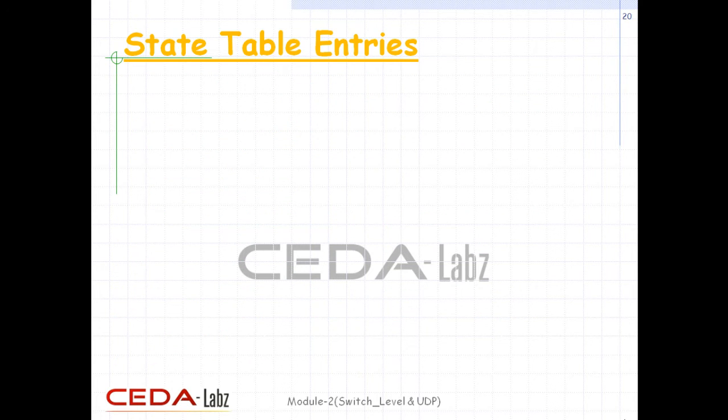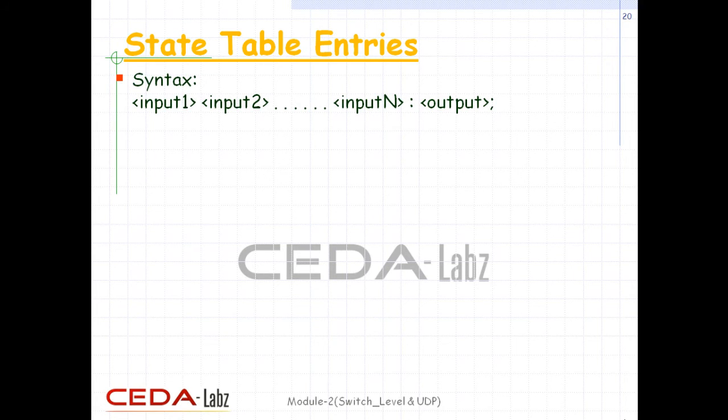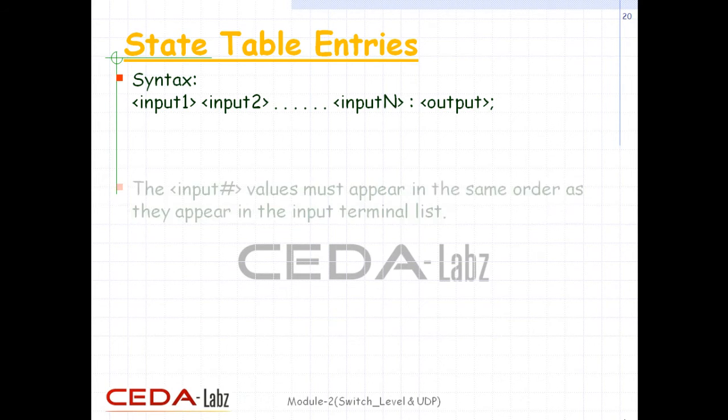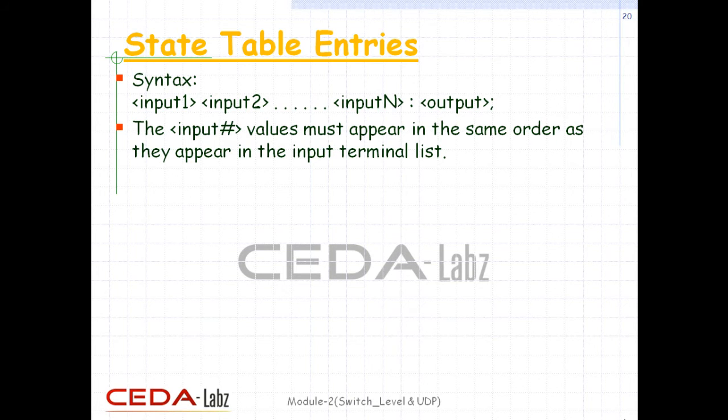Each entry in the state table has this syntax. In order to understand how state table entries are specified, note the following points. The input values in the state table entry must appear in the same order as they appear in the input terminal list. It is important to keep this in mind while designing UDPs, because designers frequently make mistakes in the input order and get incorrect results.